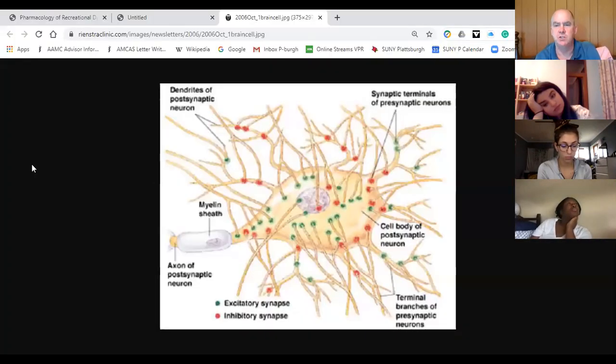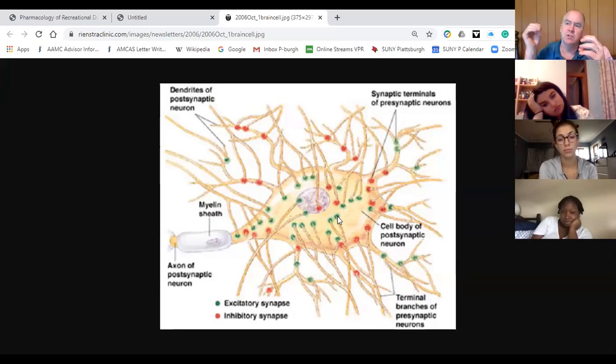Okay, remember when I showed you this picture last time? These little green things are excitatory and the red ones are inhibitory. And this soma's adding all that up. So these green things are mostly glutamate, activating glutamate receptors and sodium coming in, producing an EPSP, okay? So these are EPSPs.